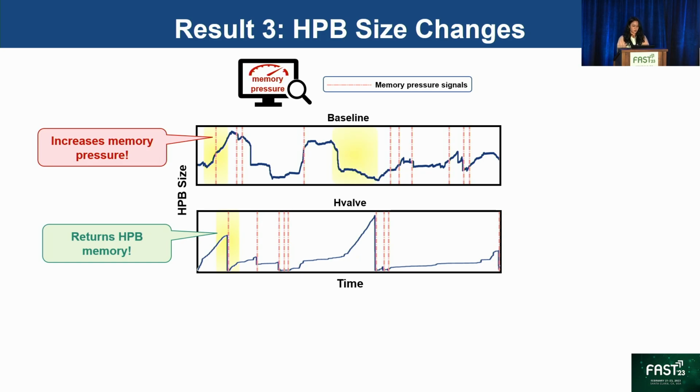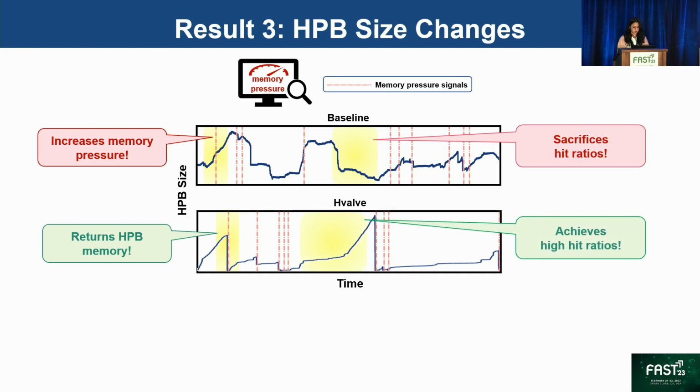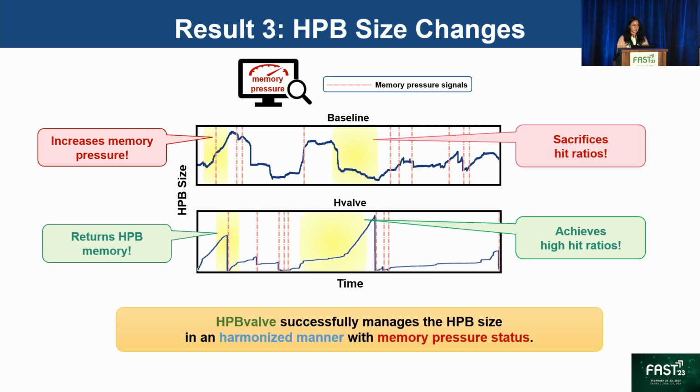On the other hand, even under no memory pressure, the baseline case decreases the HPB memory, losing its potential for further L2P cache hit ratios, while HPBvalve does not evict entries to maintain its potential to achieve high ratios. Therefore, HPBvalve successfully manages the HPB size in a harmonized manner with memory pressure status.